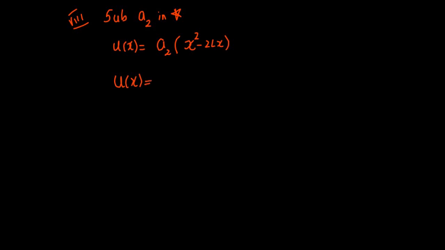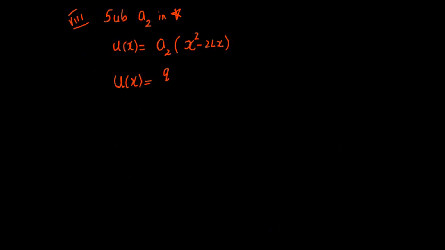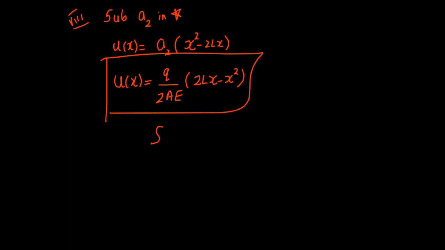It's going to be Q divided by 2AE, with a minus sign, so you get Q by 2AE into 2lx minus x square, which is the same as the exact solution that is obtained by solving the differential equation.